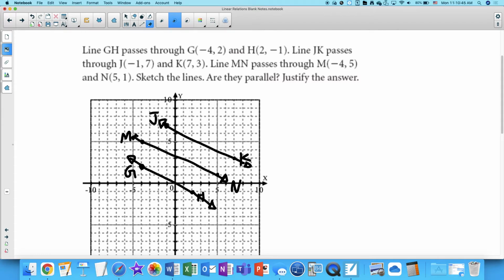Now, how do we show that two lines are parallel? Well, we have to take a close look at their slopes. So what we're going to do next is use the slope formula to calculate all three slopes. One thing that I find helpful when using the slope formula, because even I often plug things in the wrong spot, is to choose one point above to be x1, y1, and the other to be x2, y2.